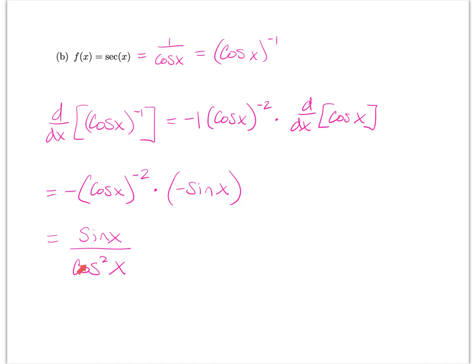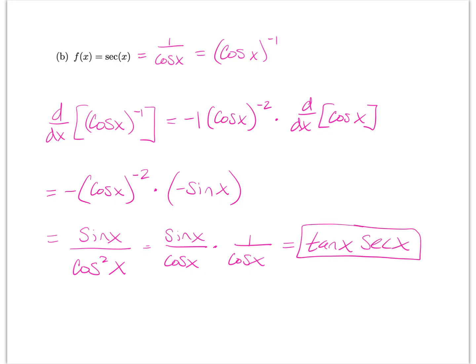And I could leave it like this, but I could simplify it also. So I could rewrite this as sine over cosine times 1 over cosine, because sine over cosine is tangent and 1 over cosine is secant.